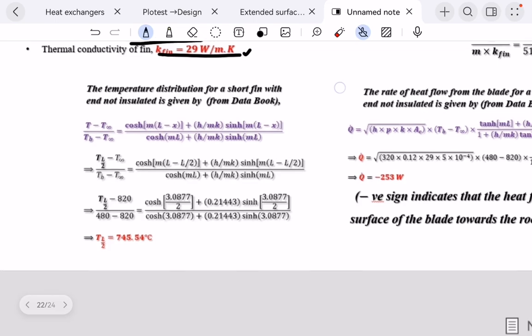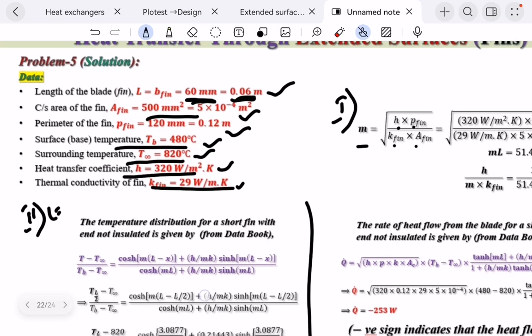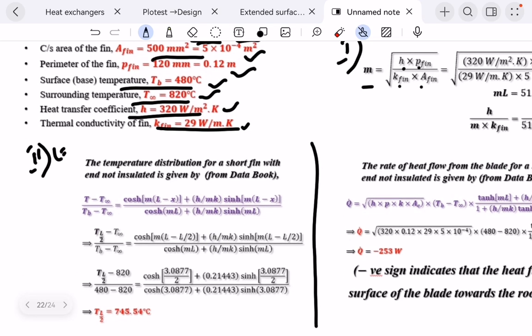And we know the formula now. The second question is to find the temperature in the middle, that is L by 2. So the length of the fin is known to me, that is 0.06. I want to find the temperature at X equal to 0.03. That's exactly half of the length. Now, the temperature T is something which I need to determine.